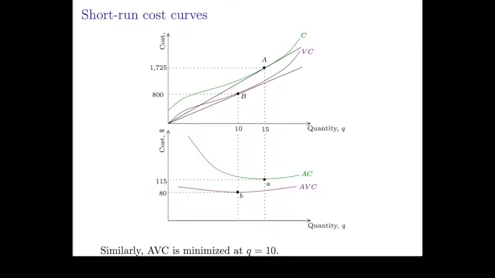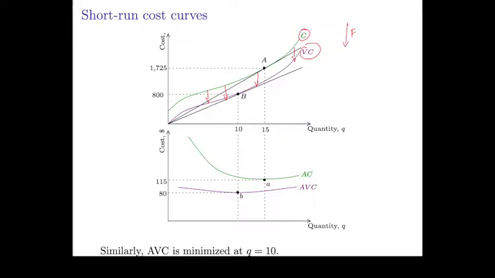Okay, now if we wanted to find the average variable cost, we would do the same thing, except we would plot the variable cost curve. We subtract from C the fixed cost F at every possible quantity, so we just shift this cost curve downwards by F. That gives us the variable cost curve.